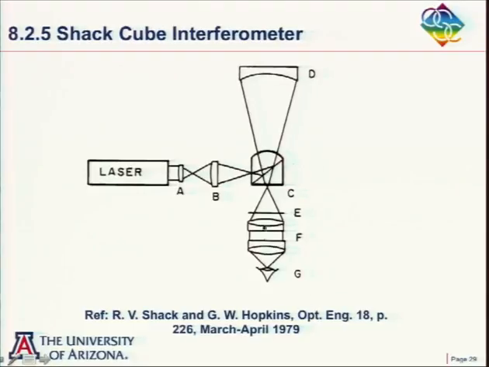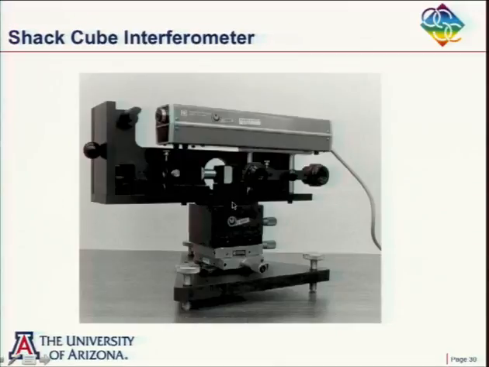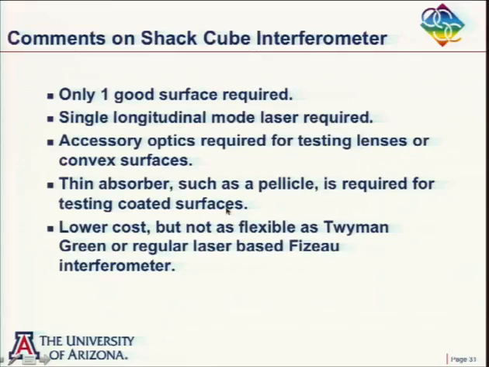So after I came out here, I had George Hopkins working for me, and I said, you guys have to publish something on the Schack cube interferometer. And so I supported them to build one, and then they published it. And I don't know how well we can see this. This is still around here someplace.